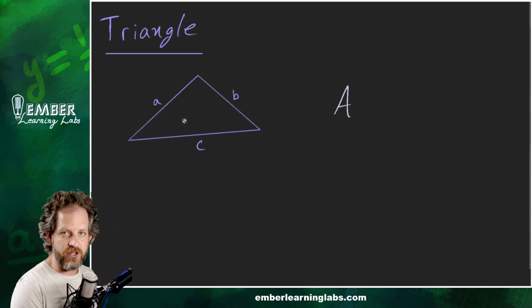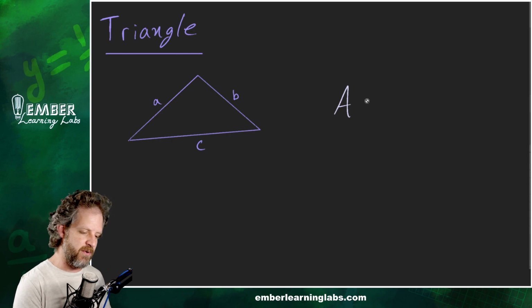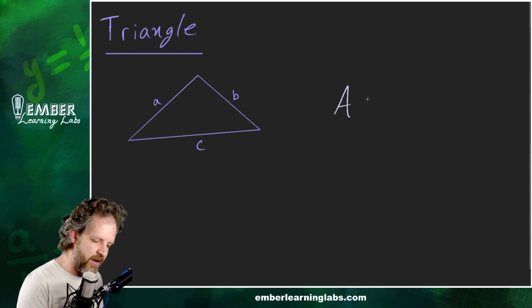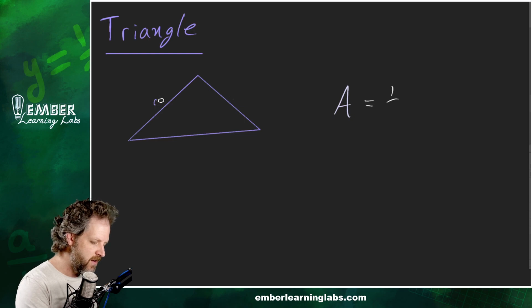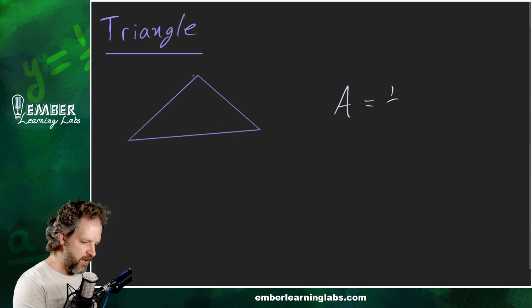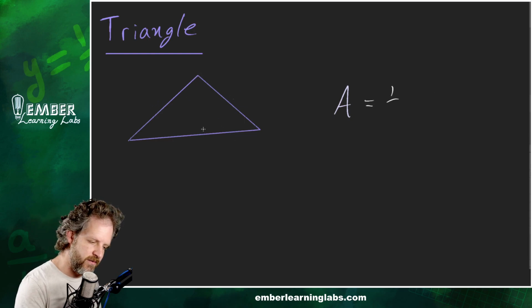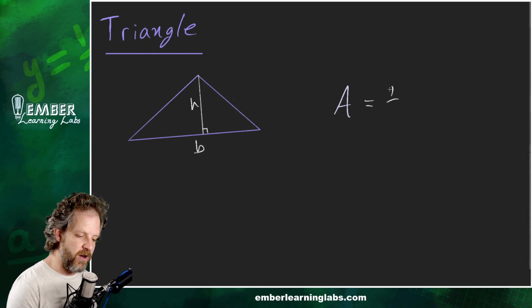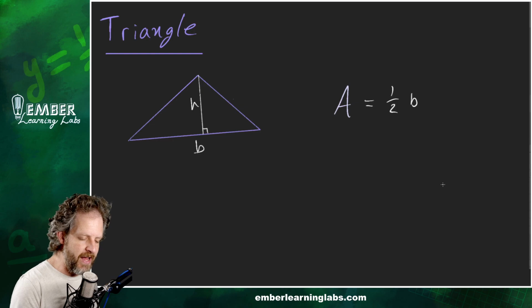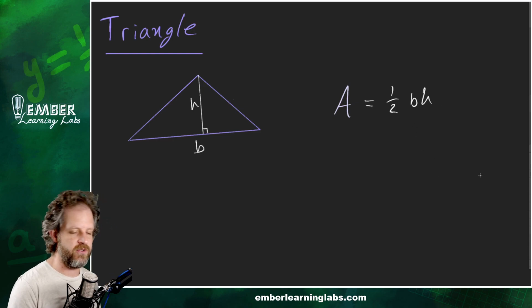To find the area of a triangle, you may remember, it is 1/2 of its... Now I'm going to make some adjustments on what we're labeling here. This is the height of the triangle, and this is the base of the triangle. So it is 1/2 of the base of the triangle times the height of the triangle.